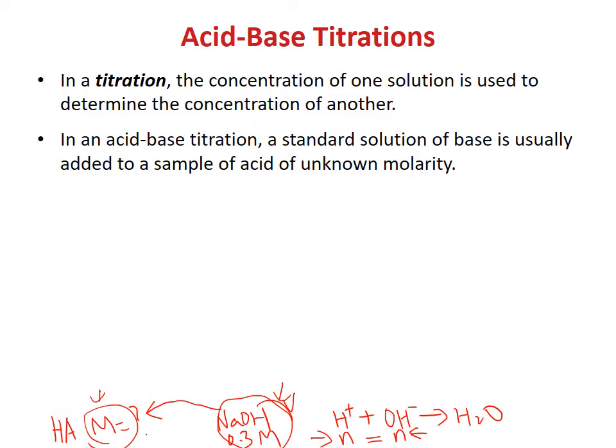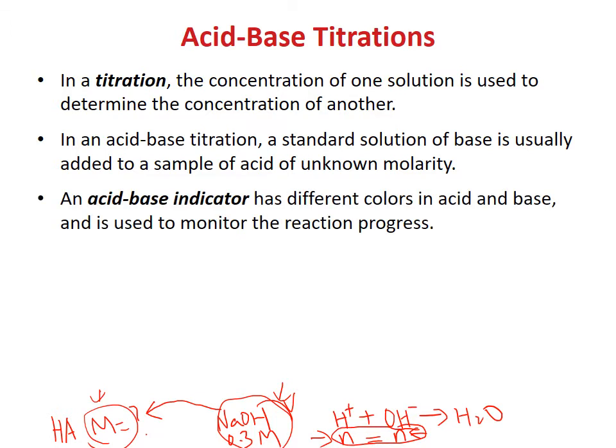But how do we know these 2 numbers of moles are equal? We add an indicator. An acid-base indicator has a different color in acid and base. So initially, you add an indicator to the acid. So it's an acidic solution, and it has a color. For example, the color may be red in acid.